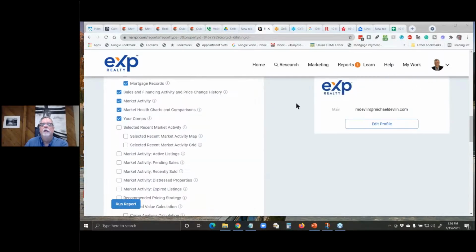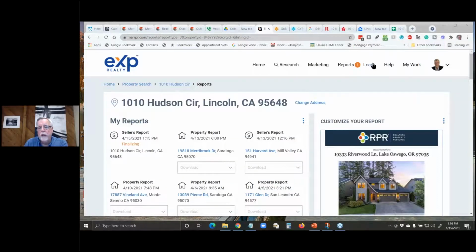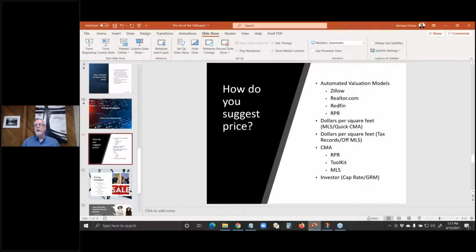All right. So we run the CMA. How important is that? Not necessarily that big. And by the way, Toolkit CMA, there's also Dash CMA, there's Cloud CMA, and your MLS might give you access to that. I usually just use RPR.